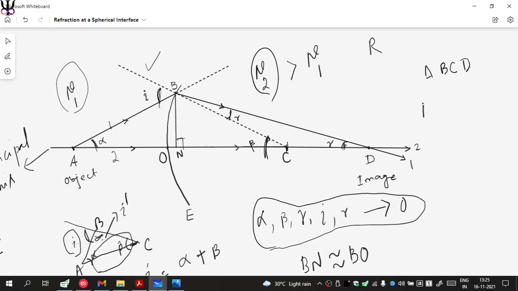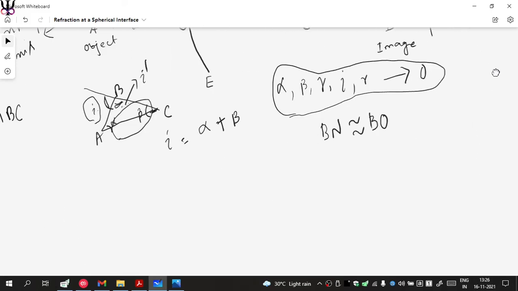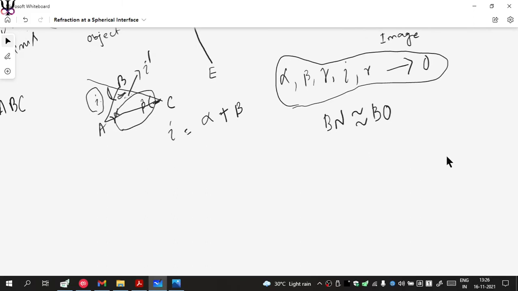So beta will be equal to the sum of the farther interior angles, which are R and gamma. So beta is equal to R plus gamma. That means if we need to find an expression for R, R is equal to beta minus gamma. Okay, so R is beta minus gamma.